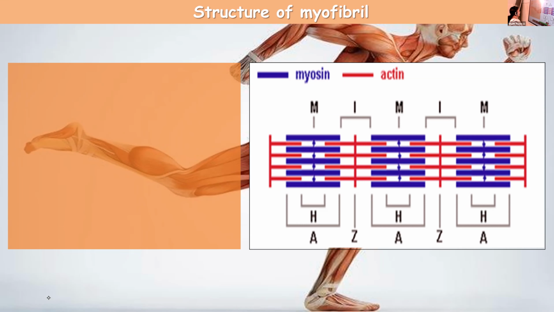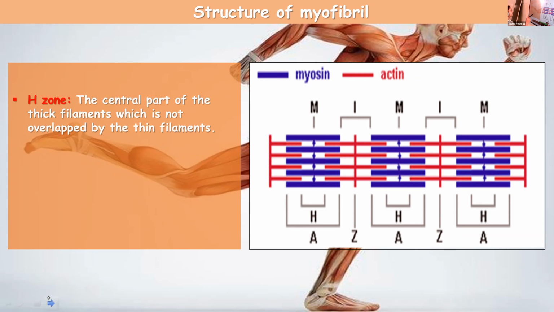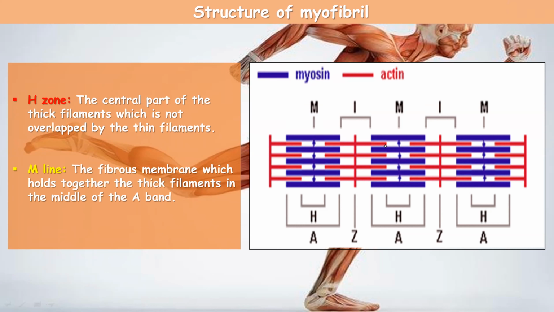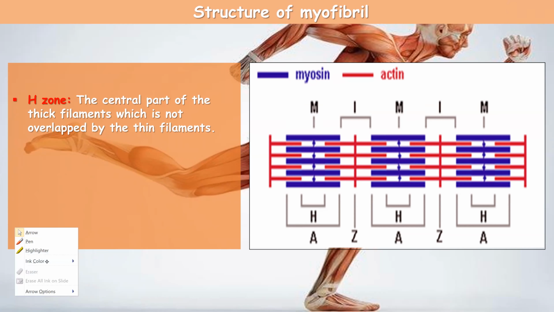Now we learned about Z line. Now let's see what is meant by edge zone. The central part of the thick filaments which is not overlapped. Let me take a different color.